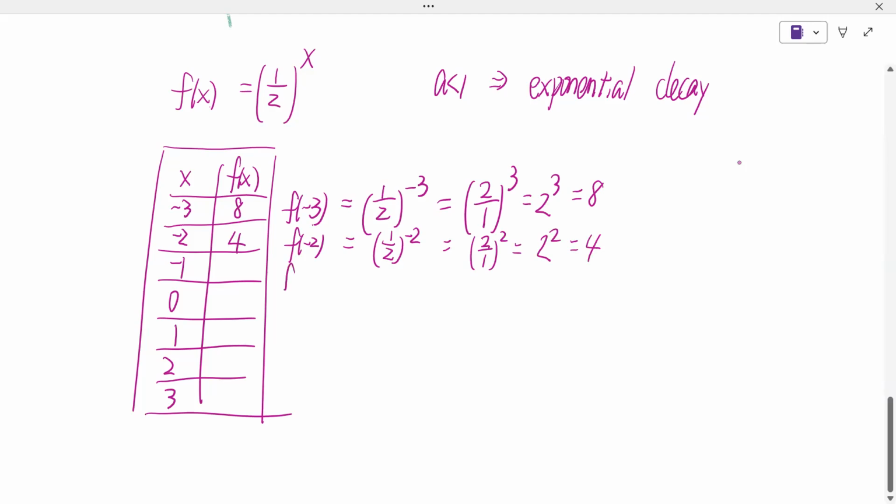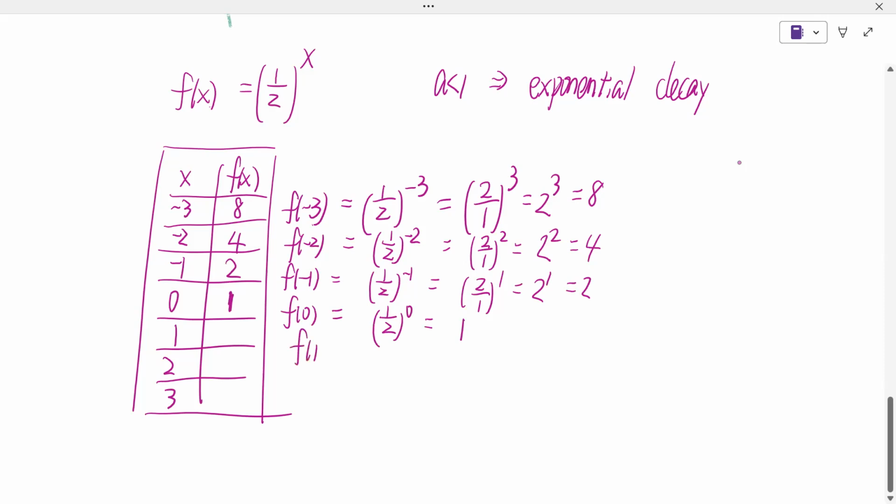And then f of -1, half to the negative first. And we flip this, we get 2 over 1 to the first. So it's 2 to the first, 2. And f of 0, that's going to be half to the 0 power, that's 1, right? So this is the y-intercept.